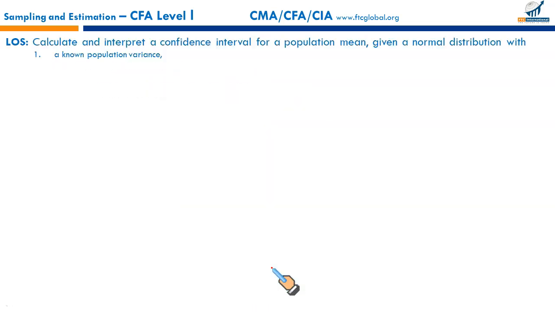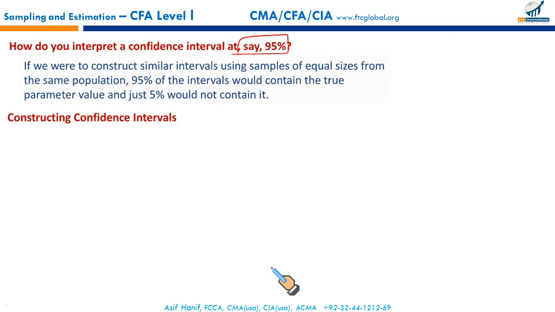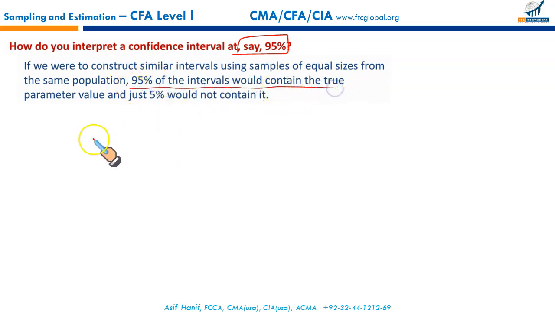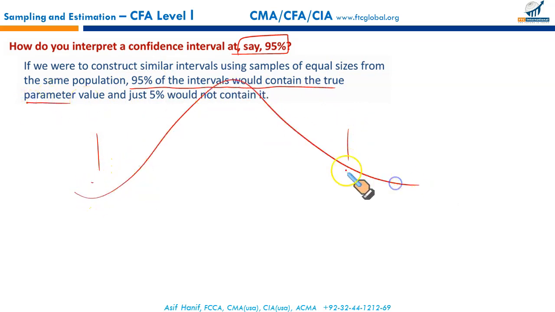Keeping that in mind, 95% and 5%, let's read what it says here. If we construct a similar interval using samples of equal sizes from the same population, 95% of the intervals would contain the true value of the population parameter, and 5% chances are that it will not.